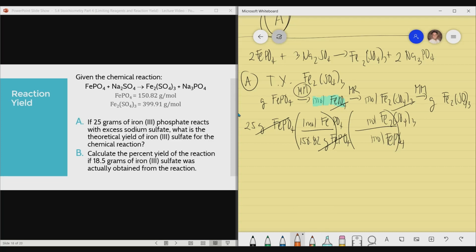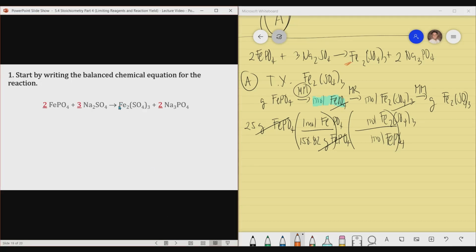My Fe2(SO4)3 is automatically 1 kapag wala pong numerical coefficient, that will be 1. And then for your FePO4, that will be 2. Ayan, galing dito. Okay? So this will be cancelled. I'm now here at this part, mole Fe2(SO4)3.